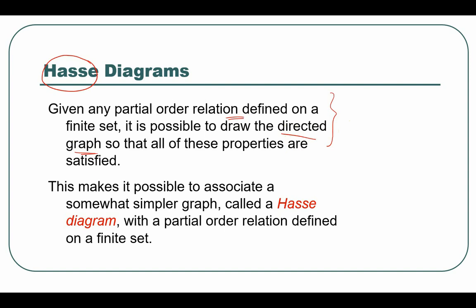So what we do is we try to convert this digraph into a much simpler graph. Simpler graph in the sense a graph having a limited set of information that is given to the user, which is required to be able to analyze the partial ordering property of the relation. That is called a Hasse diagram.